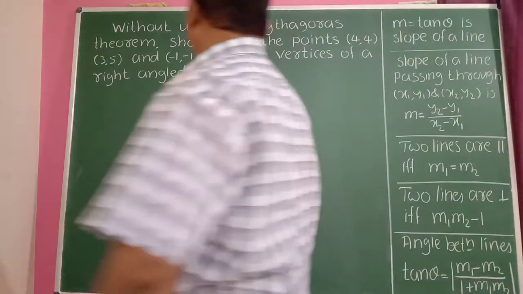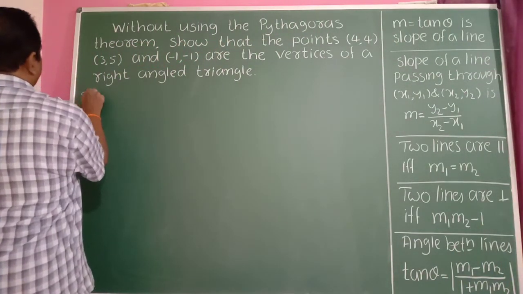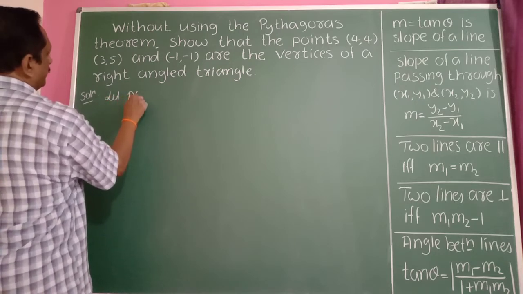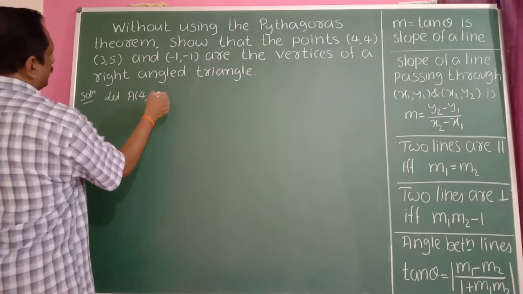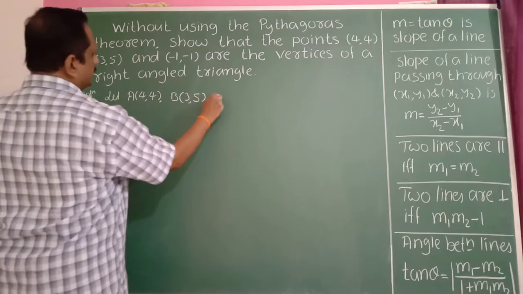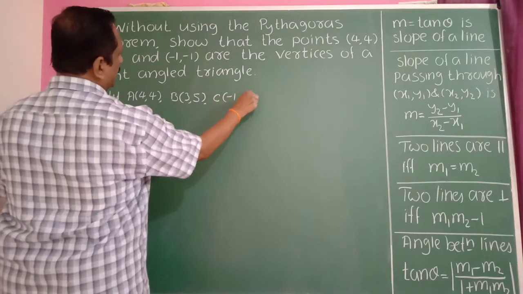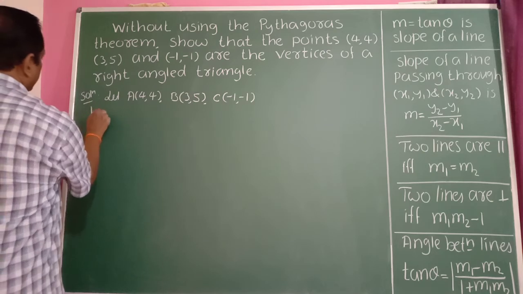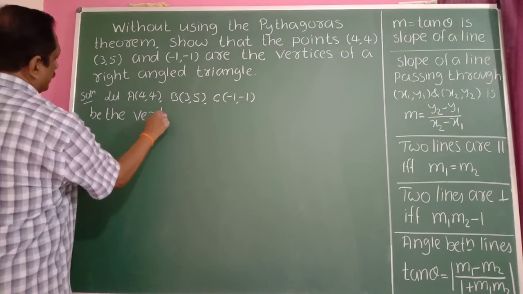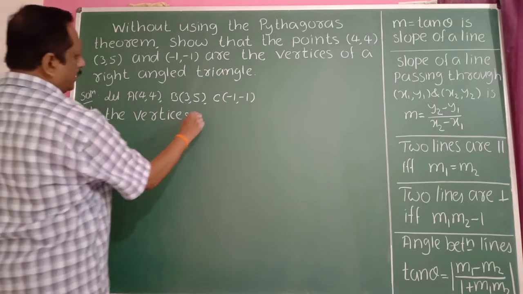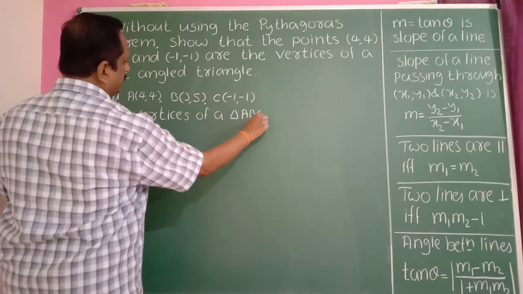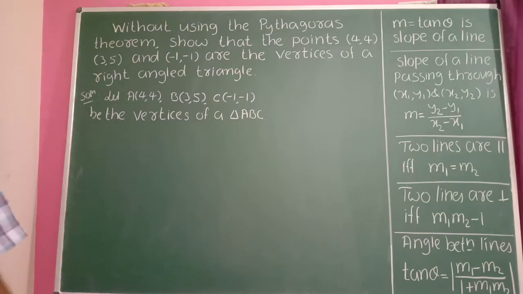Therefore, consider the points A (4, 4), B (3, 5), and C (-1, -1) to be the vertices of a triangle ABC.